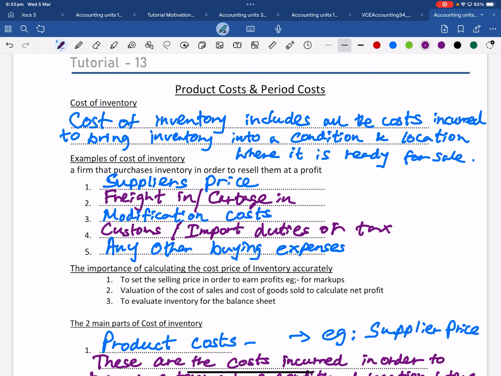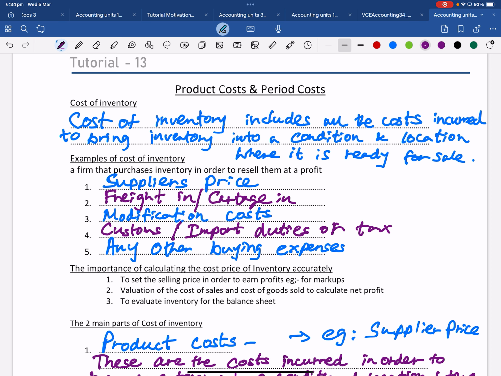Customs or import duties. What is that? So when we are purchasing inventory from overseas, what would we have to pay? Import duties or customs. You can say sometimes customs tax or custom duty. So import duty or import tax, same thing, right?